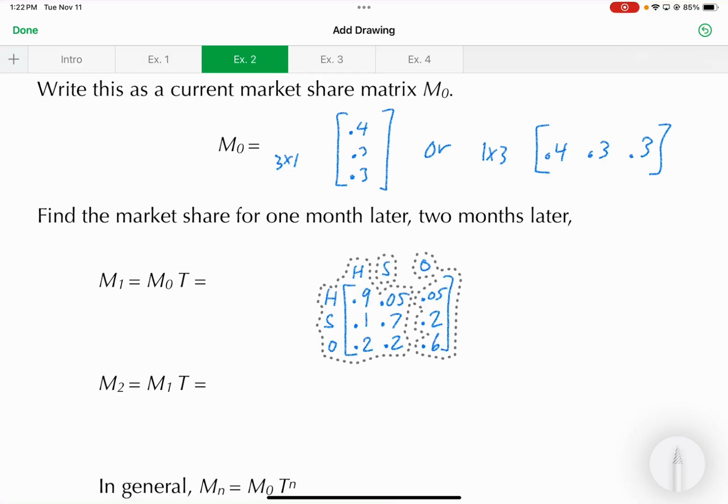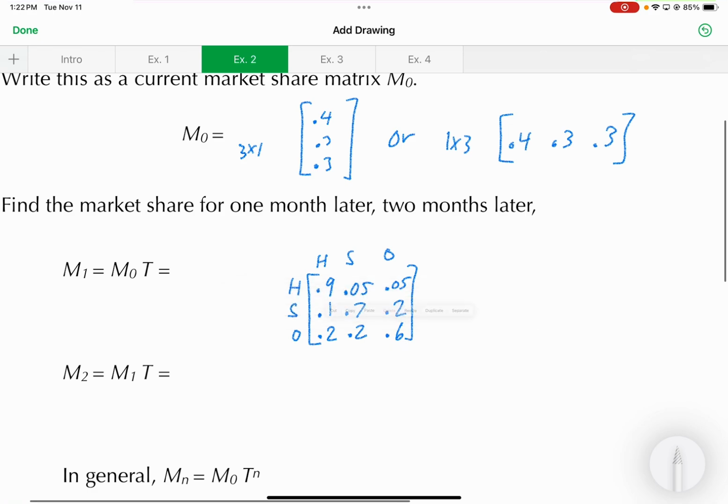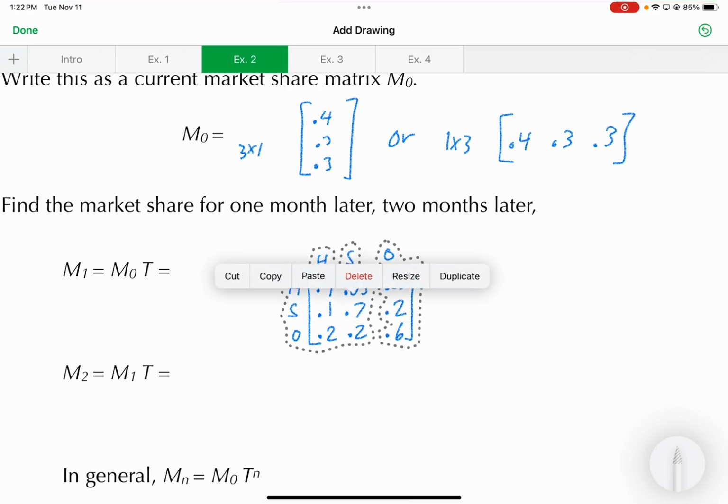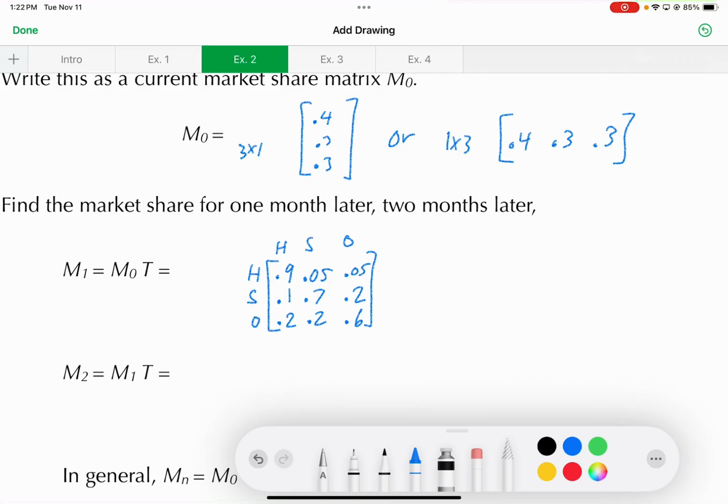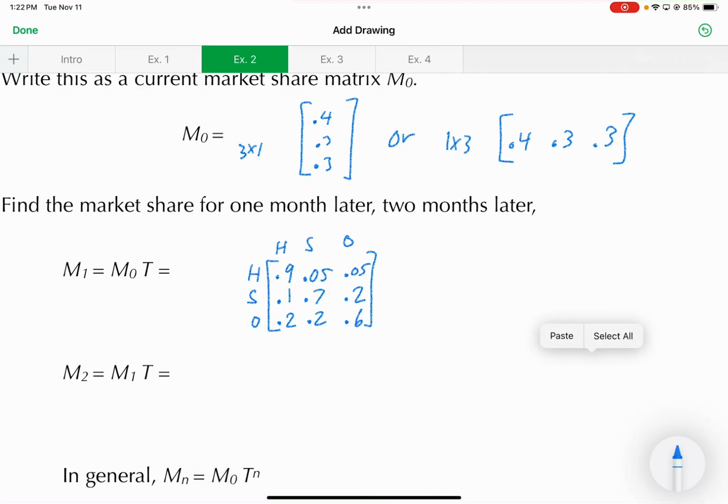Now, the question is, which way do we actually want to multiply this? You either could multiply my entries on the left, or I can multiply them on the right, and that changes which transition or which market share matrix I would use, because of course this is a 3 by 3.